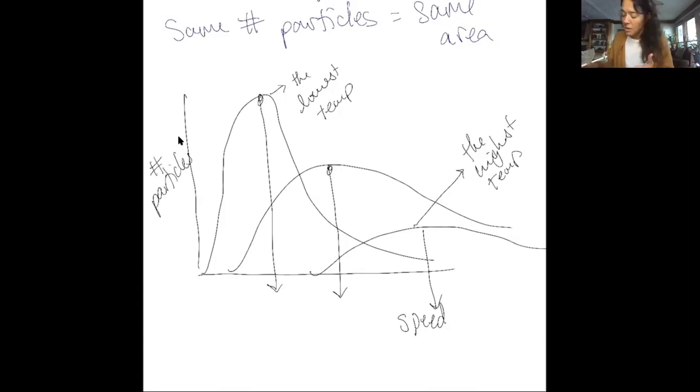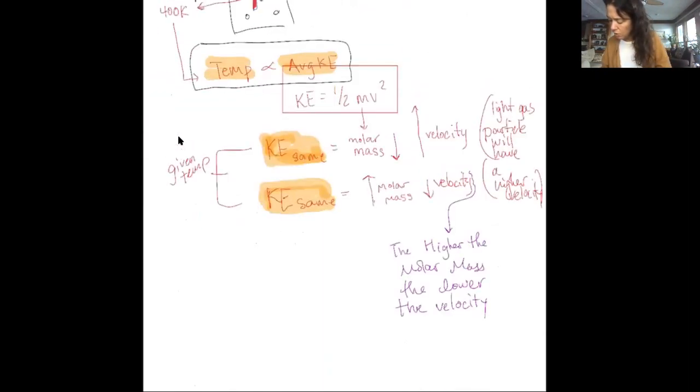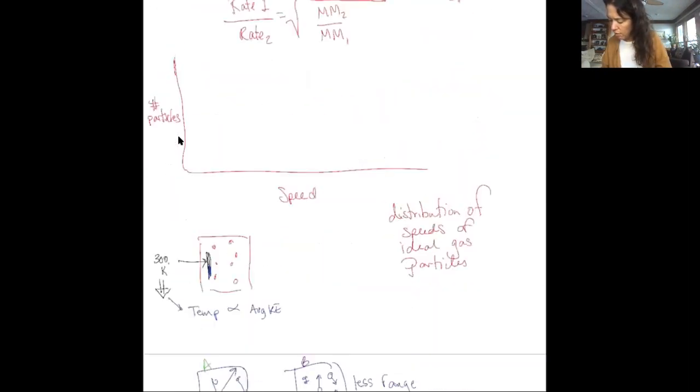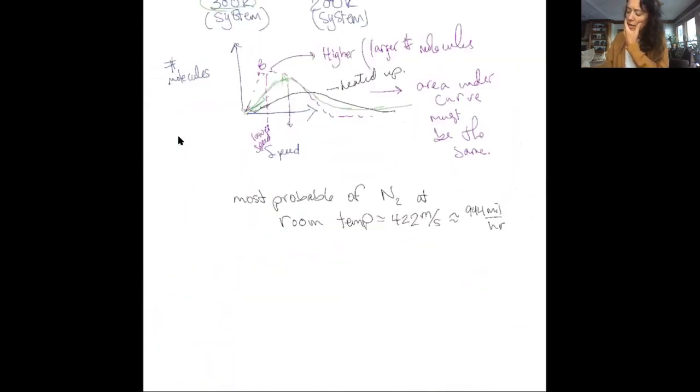That's about it, to be honest with you. I wrote some notes up here earlier to make sure I covered everything. Maxwell Boltzmann, same gas, different temps, that's what we just did. Let's look at a different gas at the same temp. Excuse me, I need a tissue.